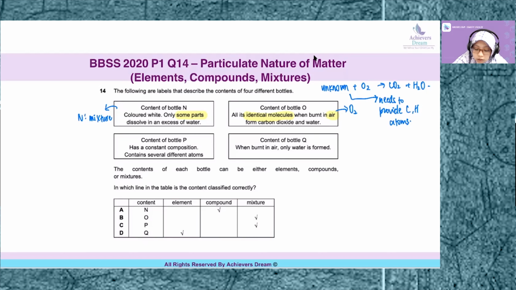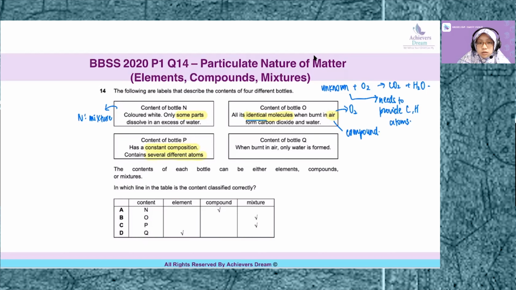However, there's a word here, identical molecules. Meaning that all of the molecules are the same. Hence, it can only be a compound. The content in bottle O will be a compound. Okay, so let's look at the content of bottle P. It has a constant composition containing several different atoms.